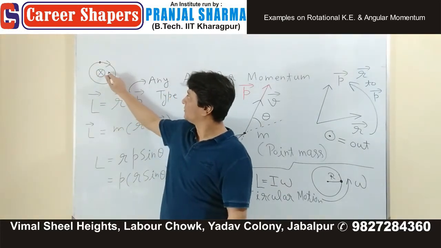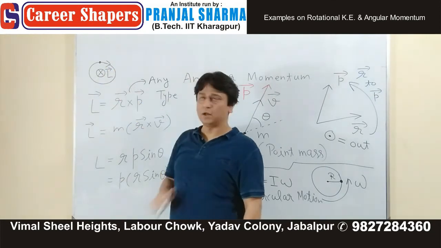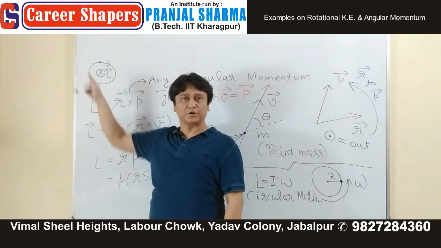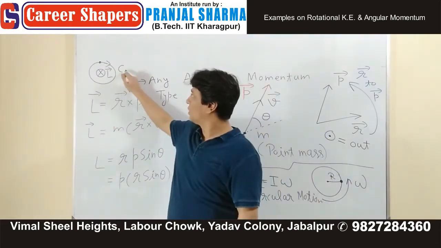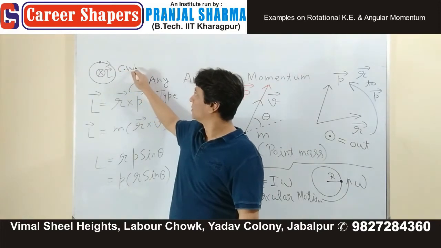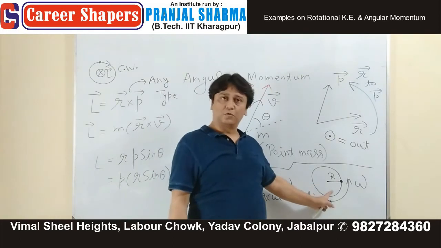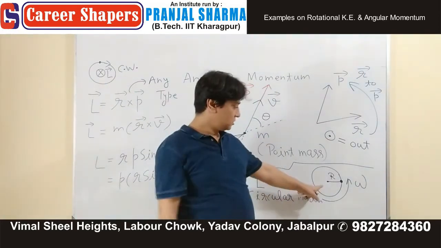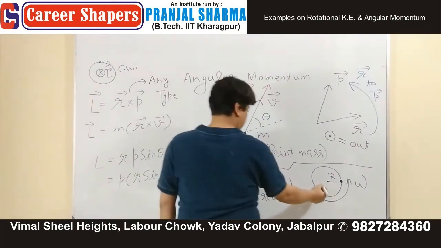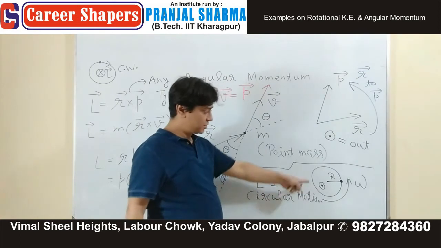This cross gives you direction of angular momentum if object is rotating clockwise. This is clockwise rotation. This is your anti-clockwise rotation. Put on this directional sense and this also. In this case, direction is dot. That's the direction of angular momentum.